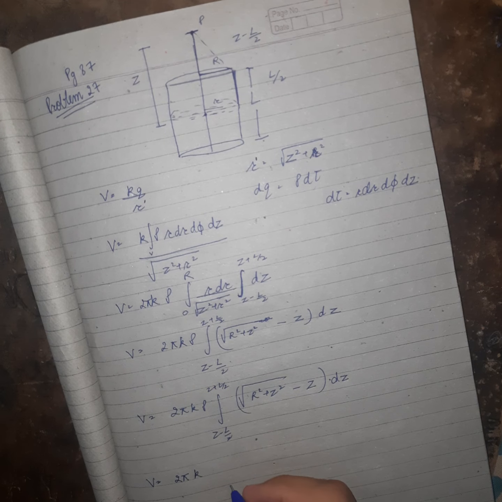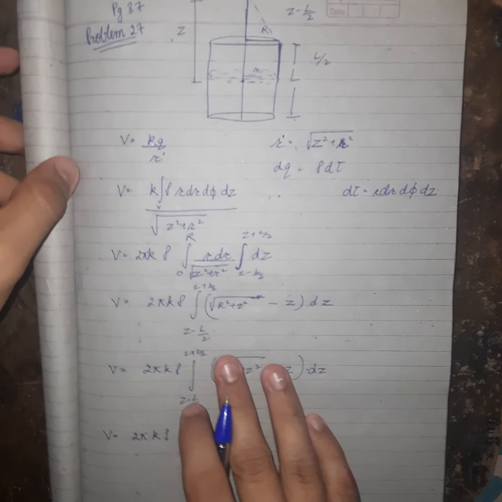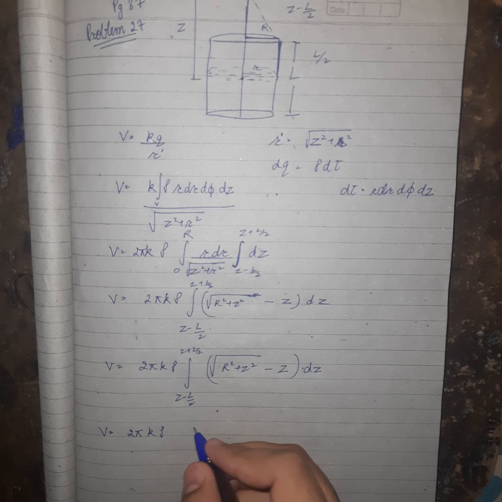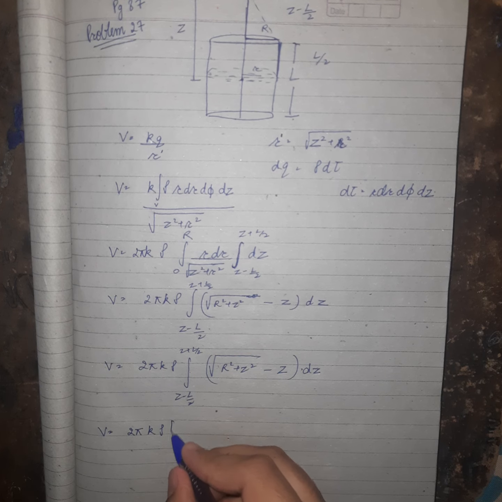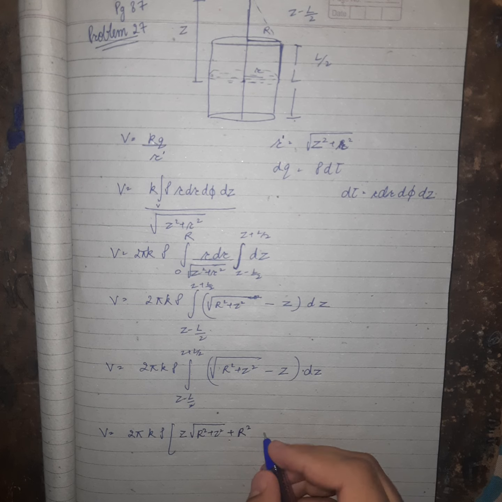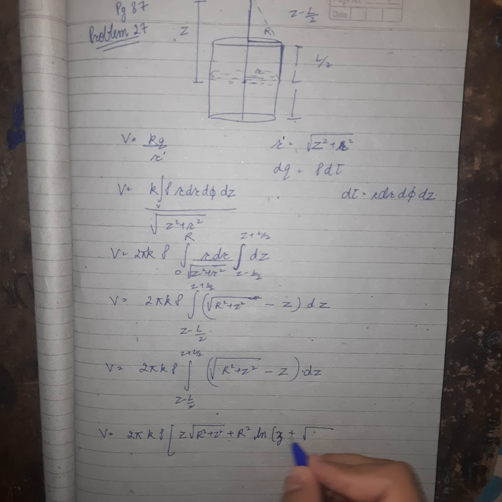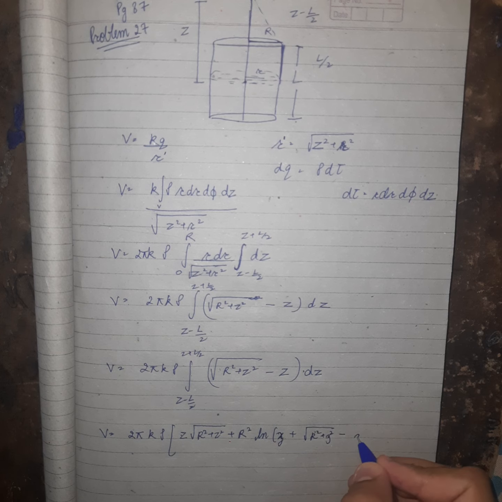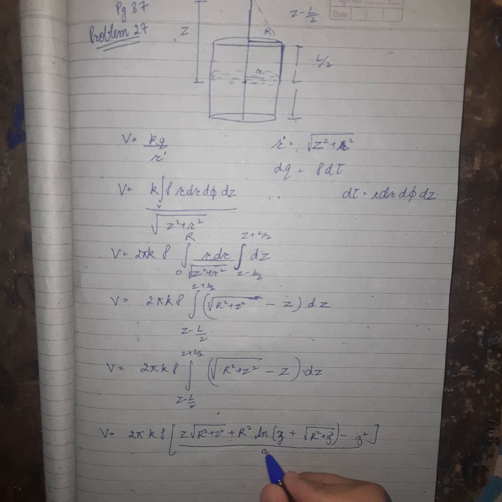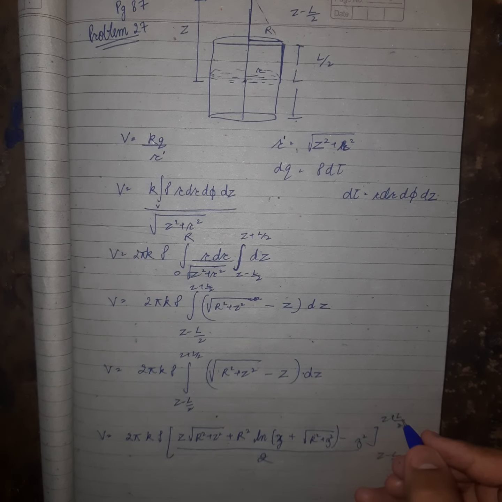So you get 2 pi k rho, and then we get Z under root R square plus Z square plus R square ln of Z plus under root R square plus Z square, minus Z square, all under a common 2, with the limits from z minus L by 2 to z plus L by 2.